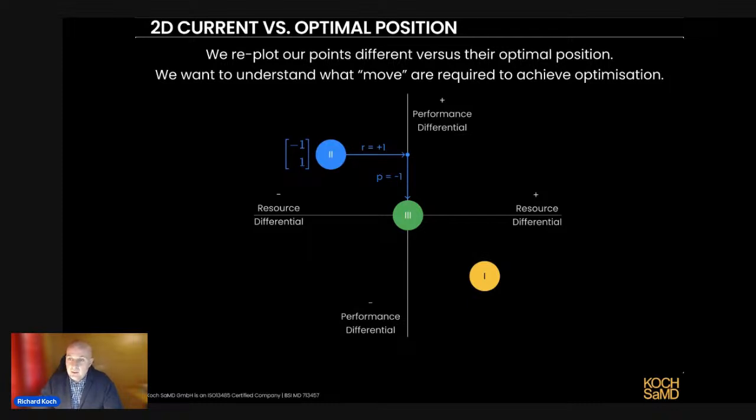So what we have here on the axis is a performance differential, the vertical axis, performance differential versus where we want them. So we can see here that they're performing at this level where the blue dot is, but they need to be performing down here. So again, they have to make a move of performance -1 to get to that point.